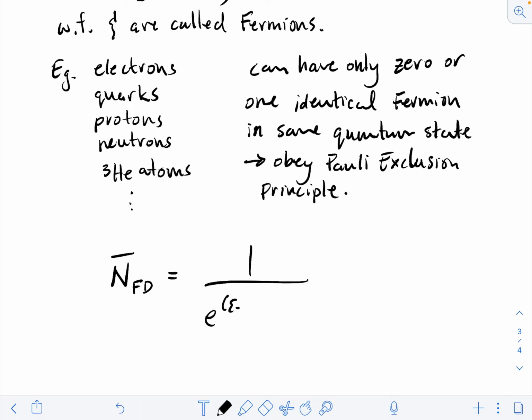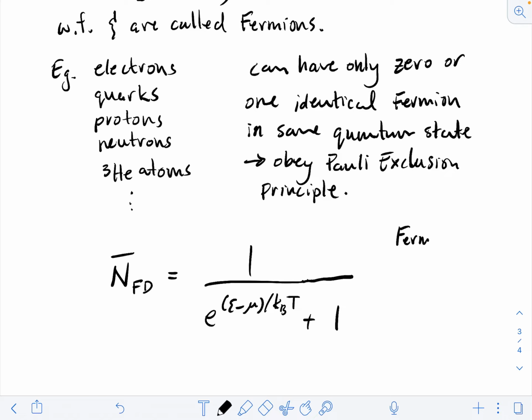In fact, it's 1 over this exponential that involves chemical potential, the energy of the state, and temperature, and there's also a 1 in the denominator. For the Bose-Einstein distribution, we subtracted that 1, and for the Fermi-Dirac distribution, we're going to add that 1. And the sign in front of the 1 in the denominator has a big effect.